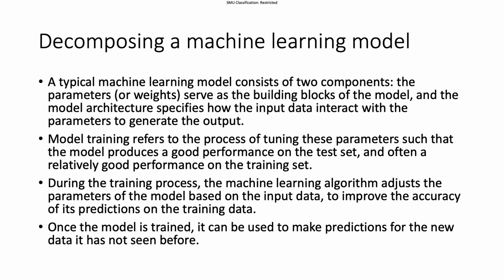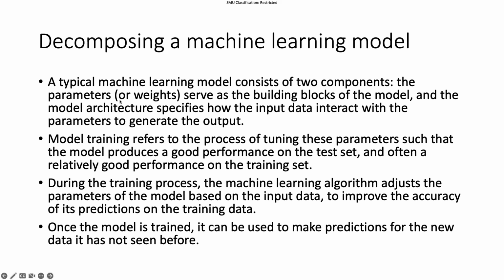So let's decompose a machine learning model. It mainly consists of two components. A model can be thought of as a physical object that has its own size, its own components. The first component is the parameters or the weights. These serve as the building blocks that the model actually consists of.